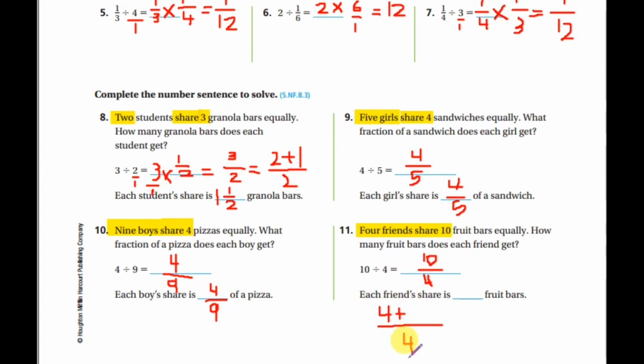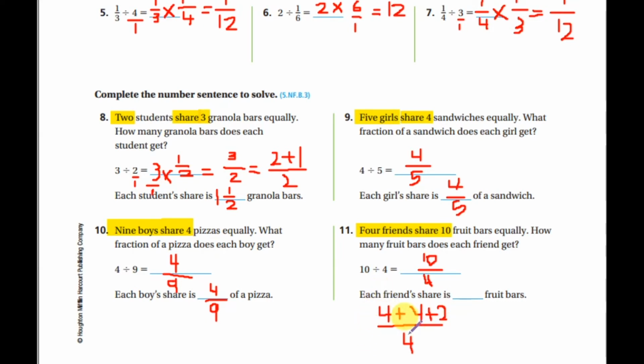It will give me an improper fraction. So again, repeat 4 again. Now 4 plus 4 will be 8. 8 plus what will give me 10? 8 plus 2.